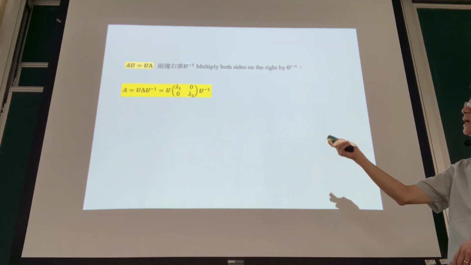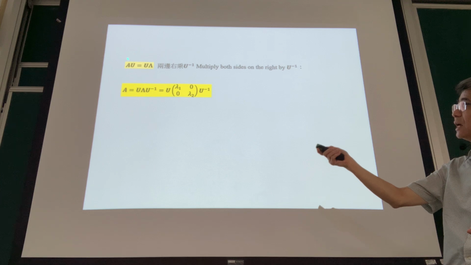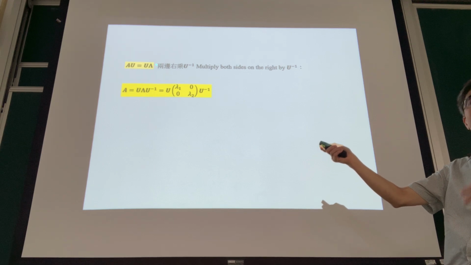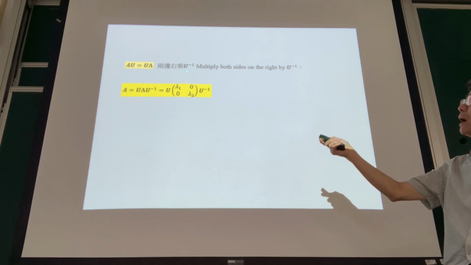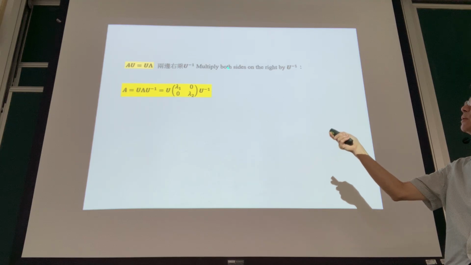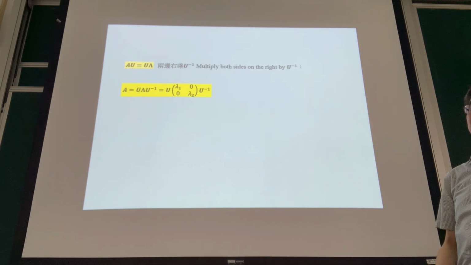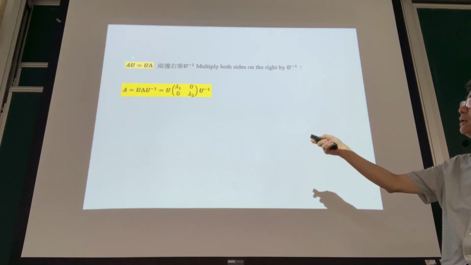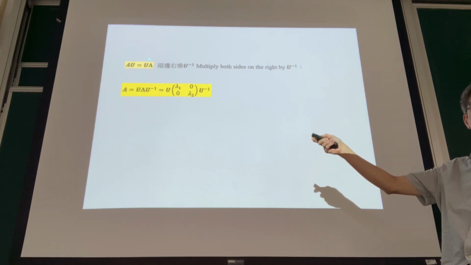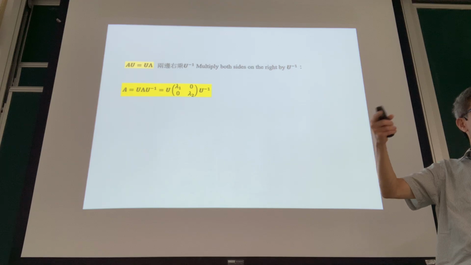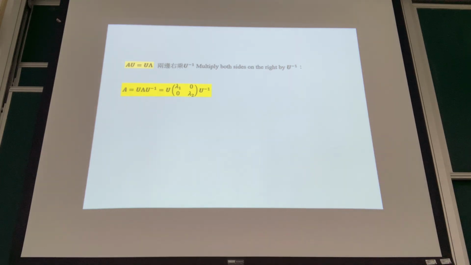I can multiply the same equation, again, AU equals U lambda, what we just got. I can multiply the equation, both sides on the right, by U minus 1. Then this will be A U U minus 1. Remember, U times U minus 1 is equal to 1. Let me write here.